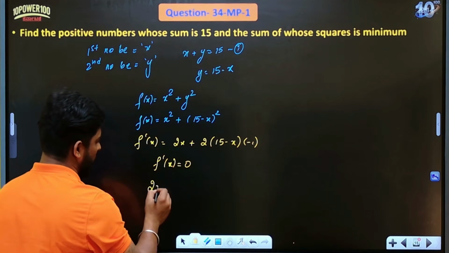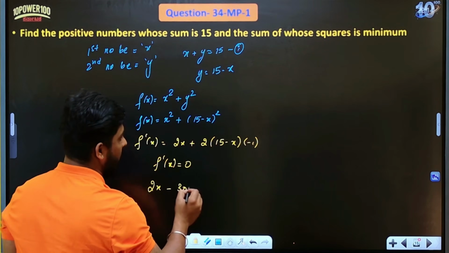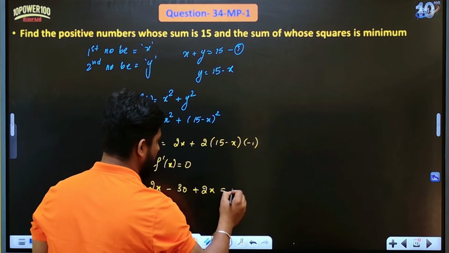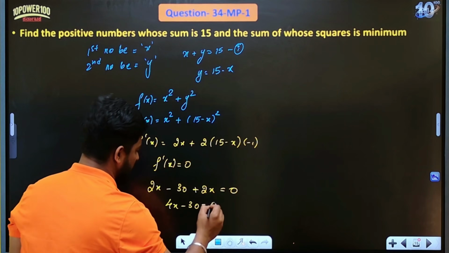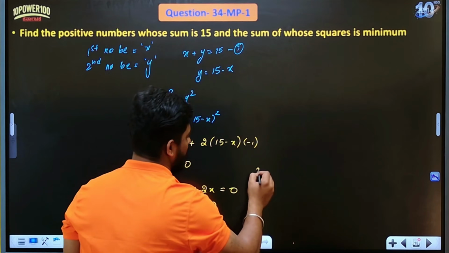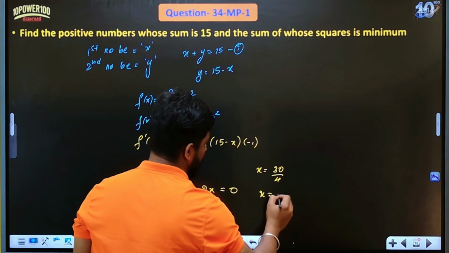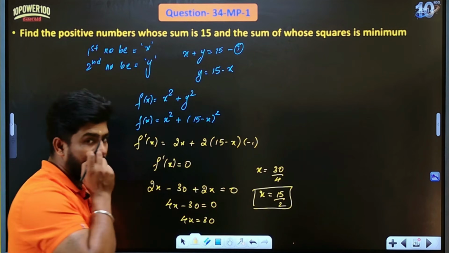So you get 2x minus 30 plus 2x is equal to 0. So 4x minus 30 is equal to 0. So 4x is equal to 30. So x is equal to 30 by 4. x is equal to 15 by 2. So 15 by 2 is nothing but 7.5, correct?